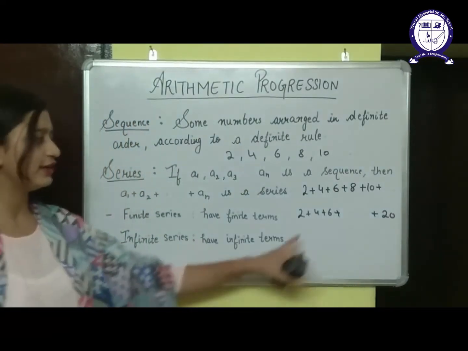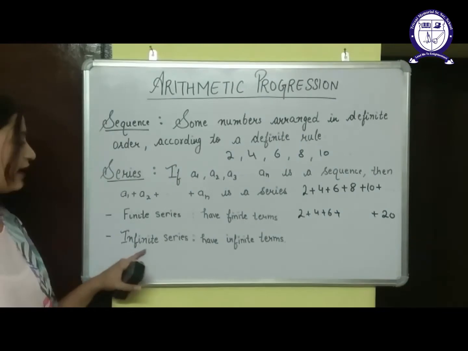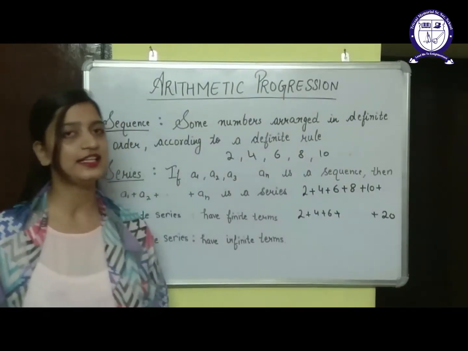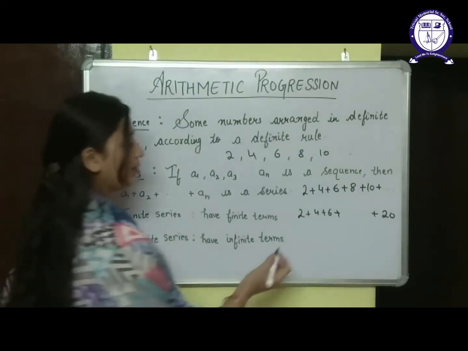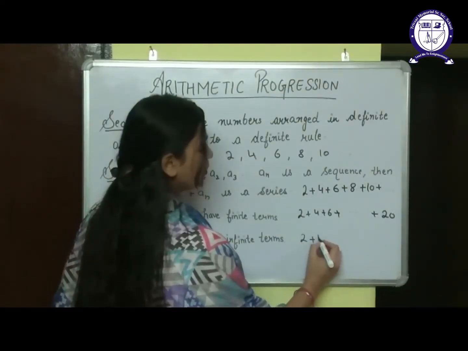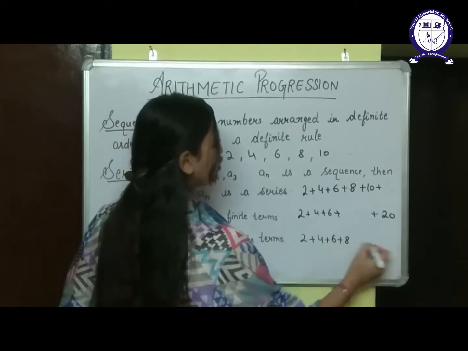These are even numbers till 20. It is my finite series, and if I take an infinite series, it will have an infinite number of terms. So it will be this one, 2 plus 4 plus 6 plus 8 and so on.